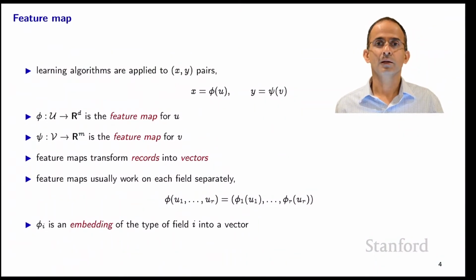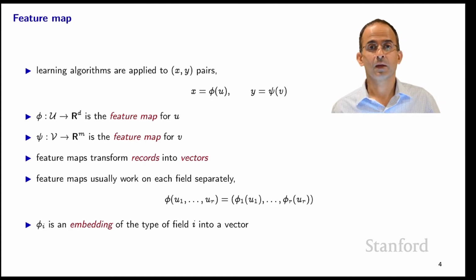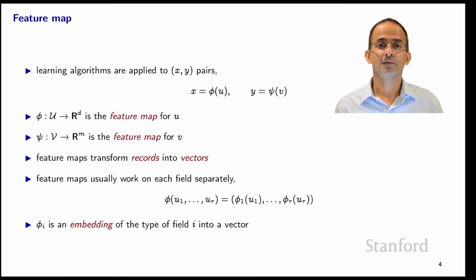So abstractly, the functions that we use to do this embedding are called the feature maps, and we have two of them. One of them takes U and embeds it in d-dimensional vector space and gives us X. The other one takes V and embeds that in m-dimensional vector space and gives us y.